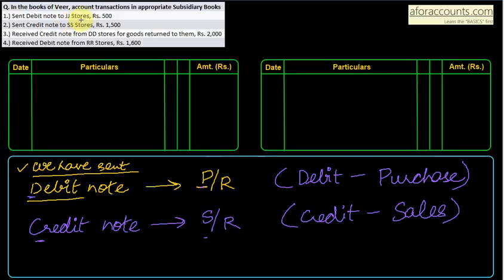Sent debit note to JJ Stores rupees 500. Now I am sending a debit note, so it is in your purchase return book. So first book I'll write here.